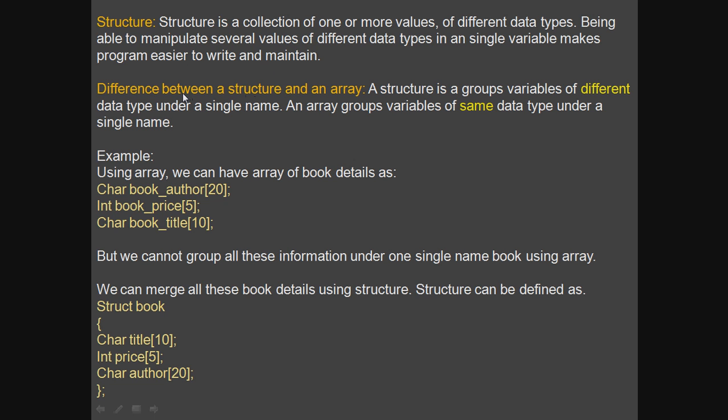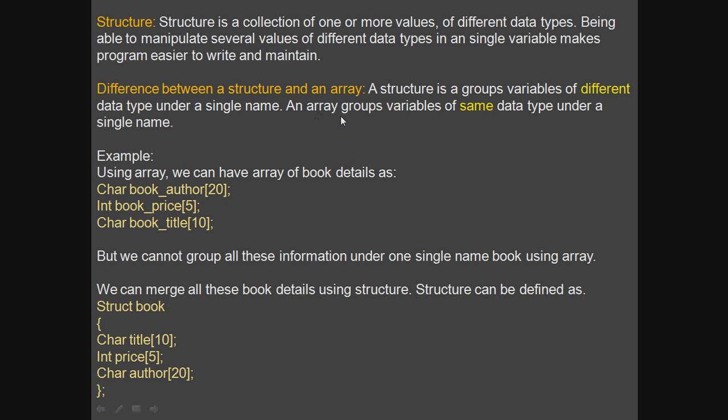Now the structure is similar to an array in some ways, and at the same time there's a difference. So what is the difference between a structure and an array? A structure is a group of variables of different data types under a single name.